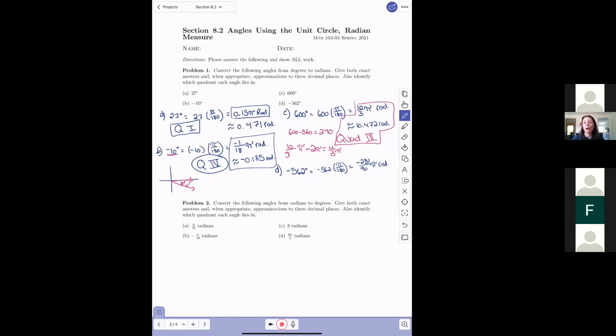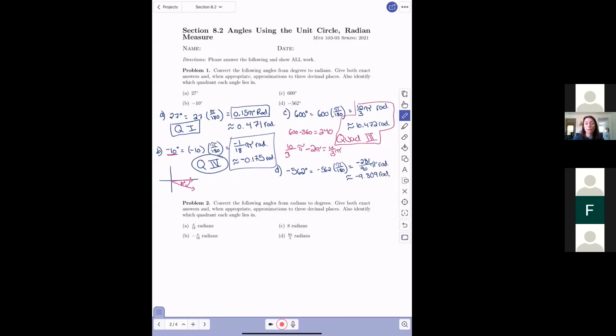Okay. So we have to figure out the quadrant. And you guys can plug that into your calculator and let me know what the approximate value is. I got negative 9.809. Negative 9.809 radians. Cool.